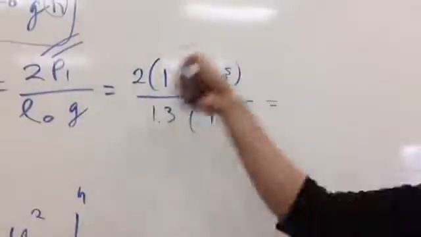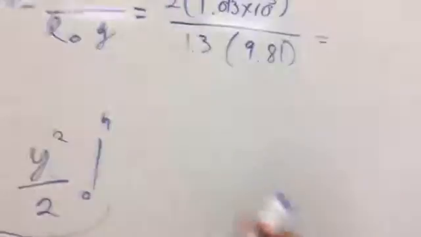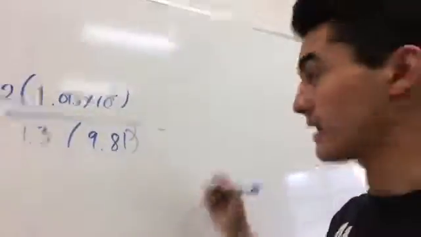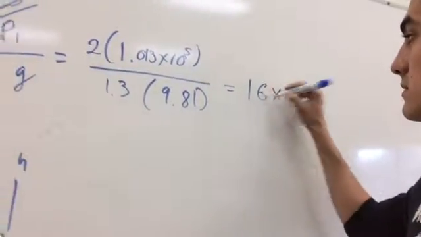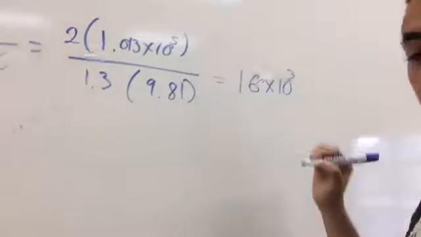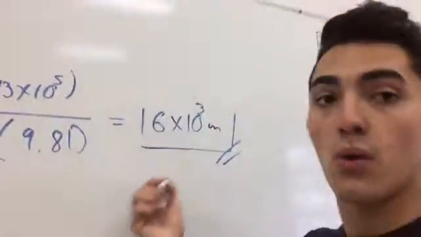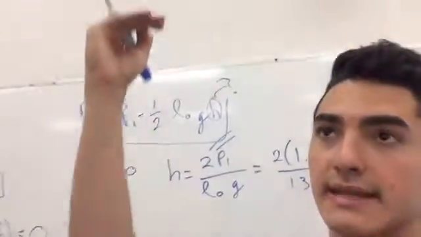As we solve this operation, the height has a value of 16 times 10 to the 3rd meters, and this is the height at which the density lowers until it gets to 0.